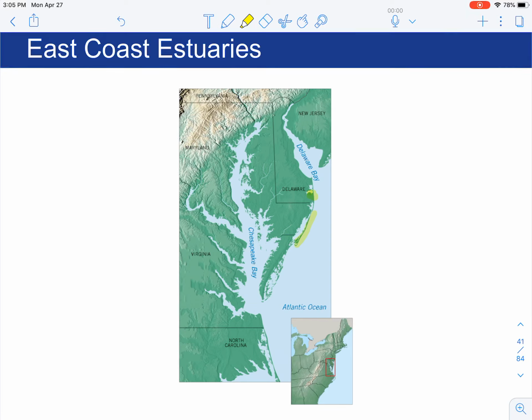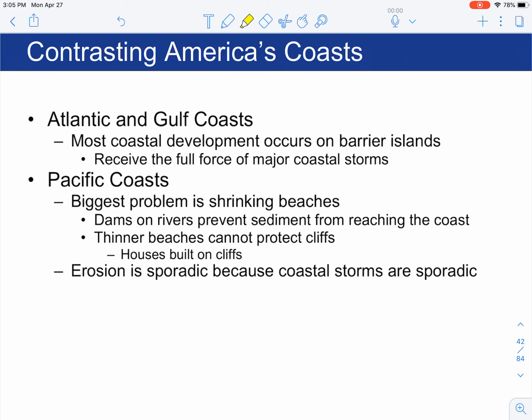All right, so speaking of East Coast, West Coast, very different topography, very different coastal landforms in each of these areas. The Atlantic and Gulf coasts typically have a lot of development, and development occurs even on the barrier islands.